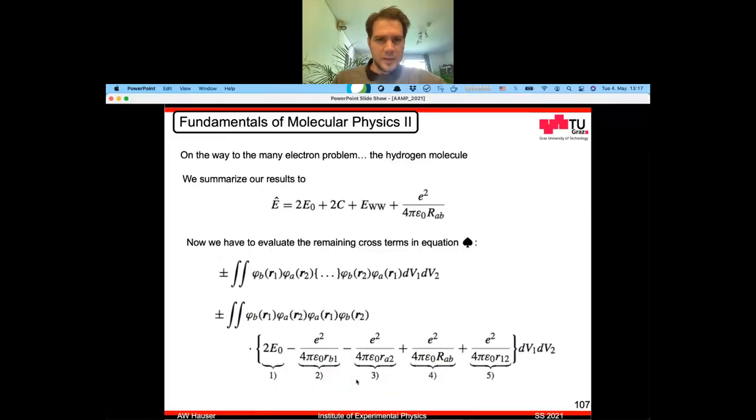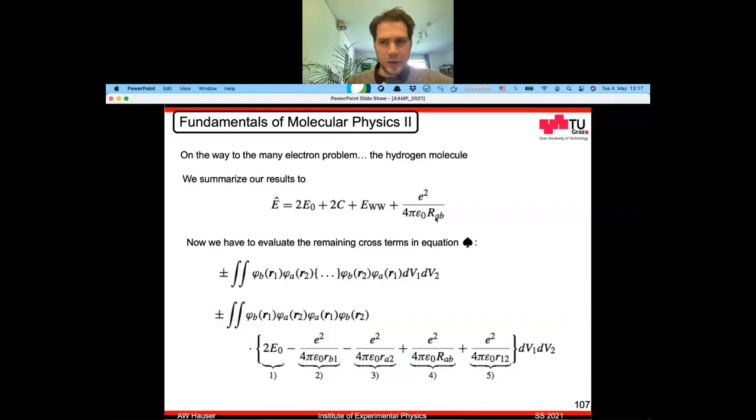So we can write this down as follows. This would give us an E with this dash on top to distinguish it from the other E that we're going to calculate now. So it gives us 2 times E plus 2 times C plus this interaction energy and the constant 1 over RAB term, which stems from the Coulomb repulsion of the two nuclei.